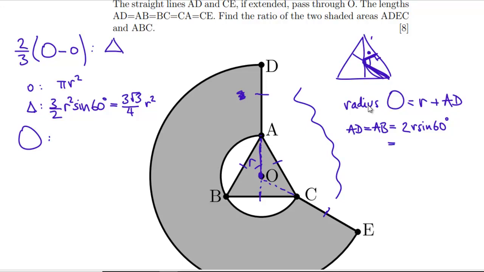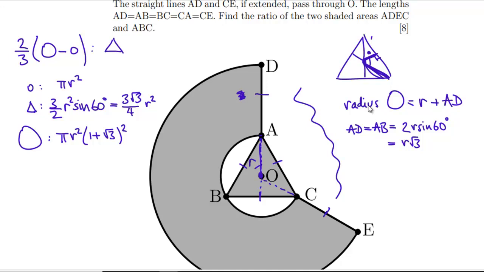Okay, so that is r√3. So we've got r plus r√3, so that's good. Right, so we've now got to do pi r squared on that. So pi times r squared (1 plus √3) all squared. Do I want to do anything with that?